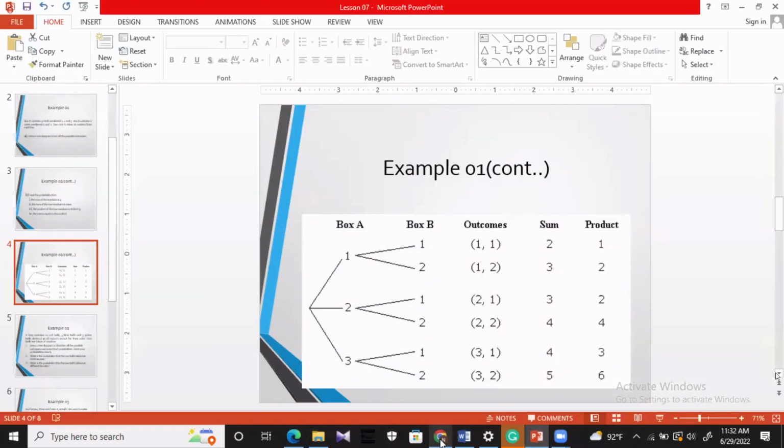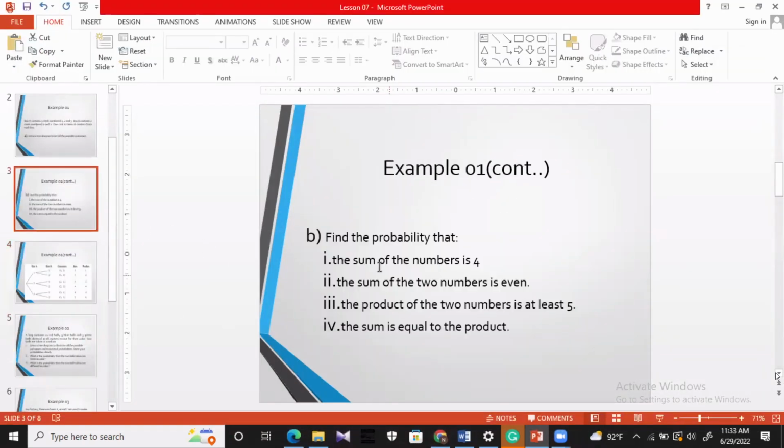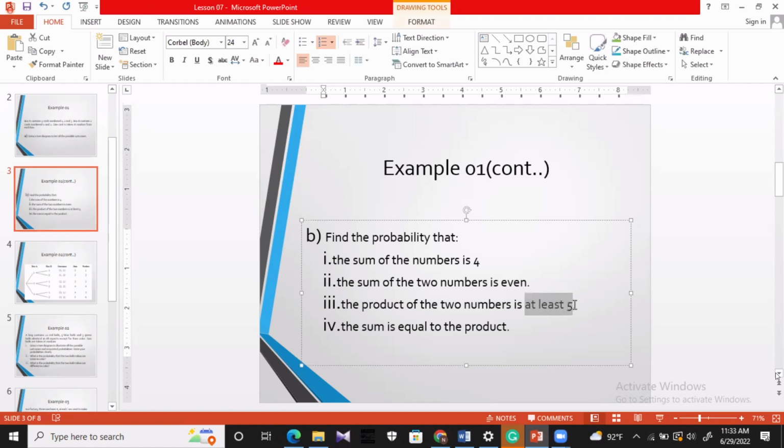Now look at the next question. The product of the two numbers is at least 5. Now, what do you mean by at least 5? What does it mean?